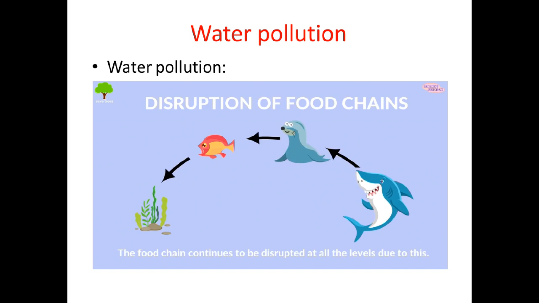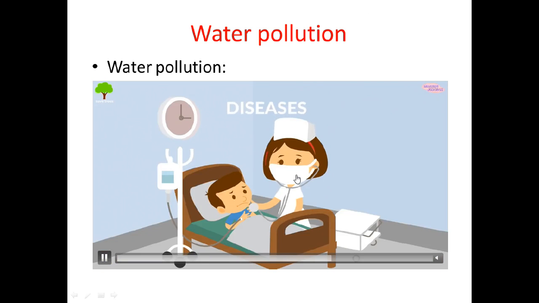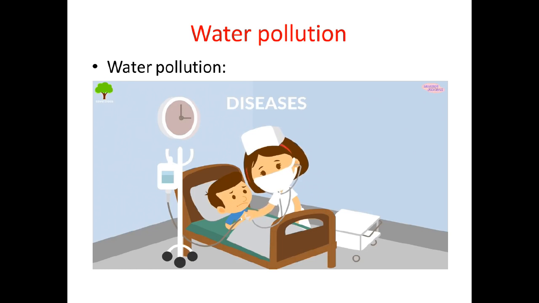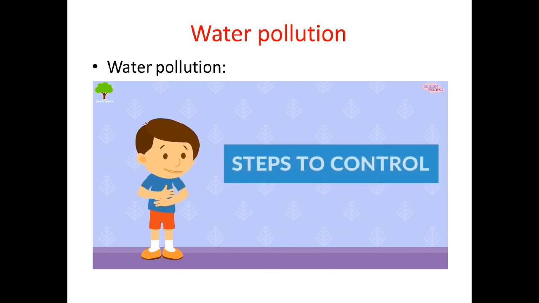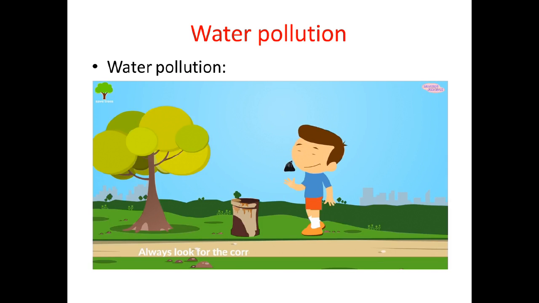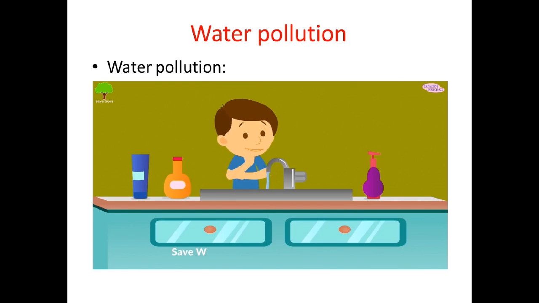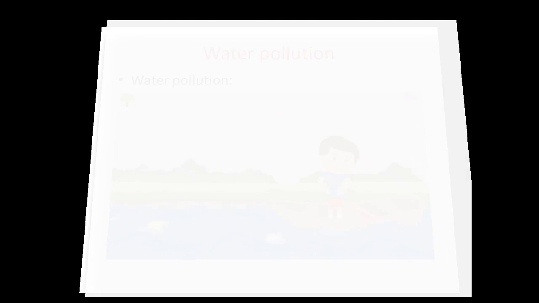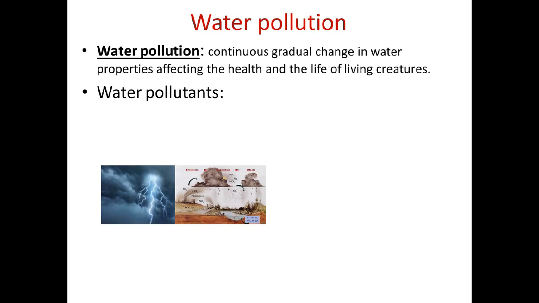Also, it causes a disturbance in the food chain and it causes many diseases for all living organisms such as humans. So we must control water pollution and keep garbage in special places. And we must save water by closing taps when we are out of our houses.